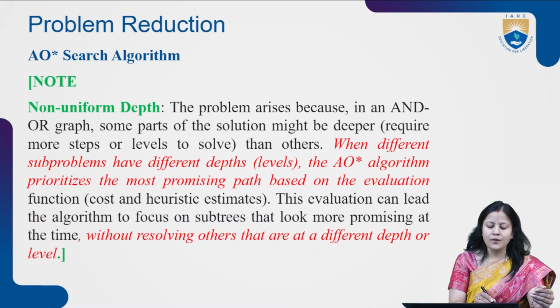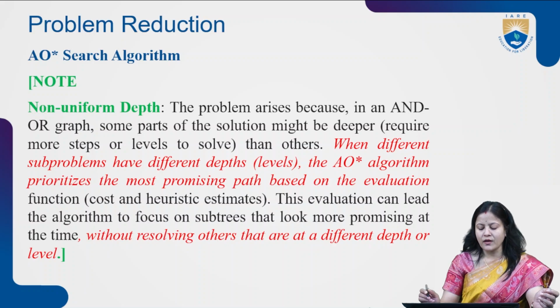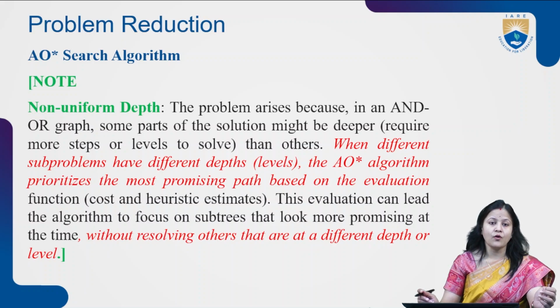So when different subproblems have different depth levels, the AO* algorithm prioritizes the most promising path based upon the evaluation function. Evaluation function means the heuristic estimates. So these evaluations can lead the algorithm to focus on subtrees that look more promising at that time, without resolving others that are at a different depth or level.